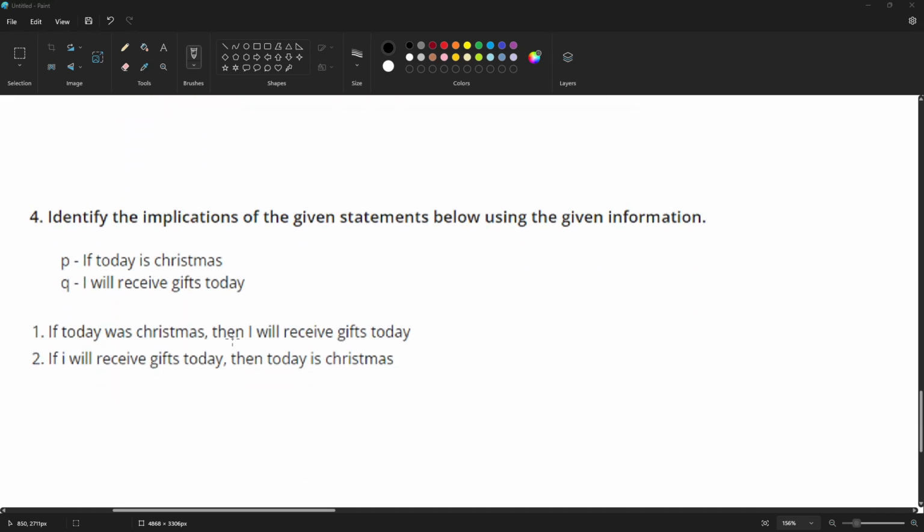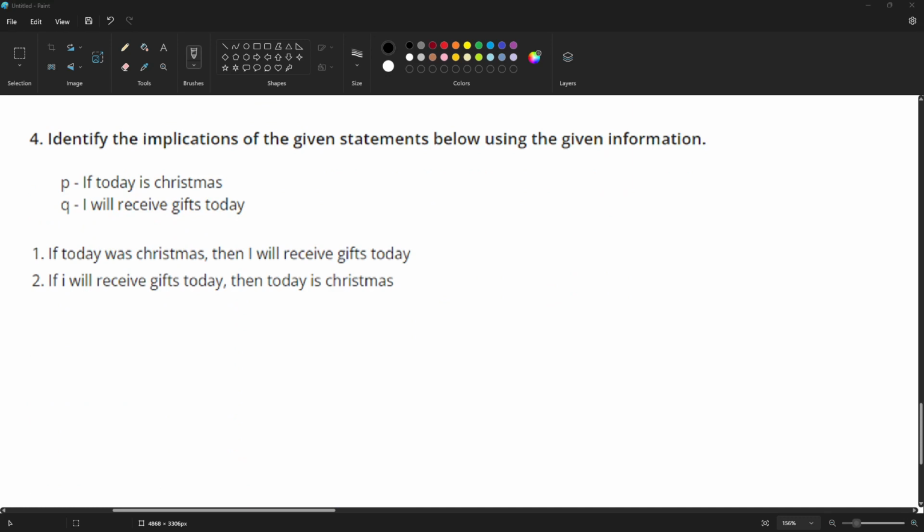Next item, number 4. Identify the implications of the given statements below using the given information. For the first statement, this phrase represents the variable p. This is p.